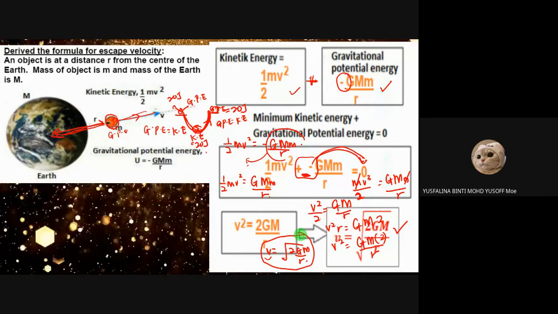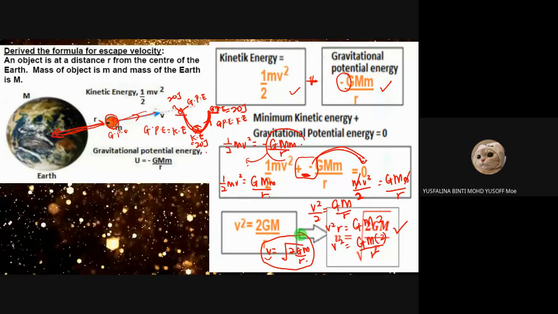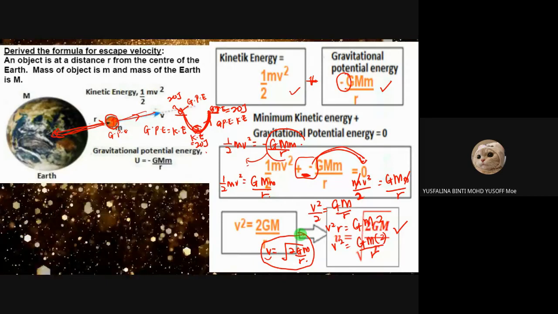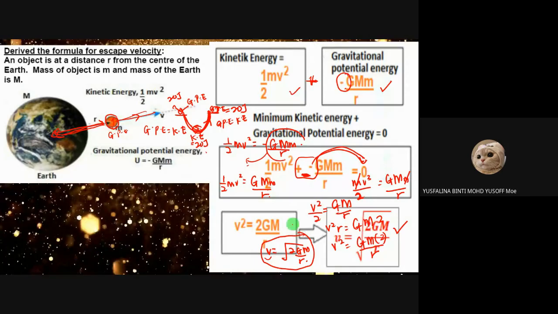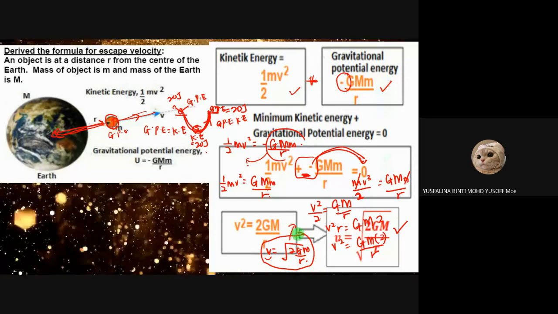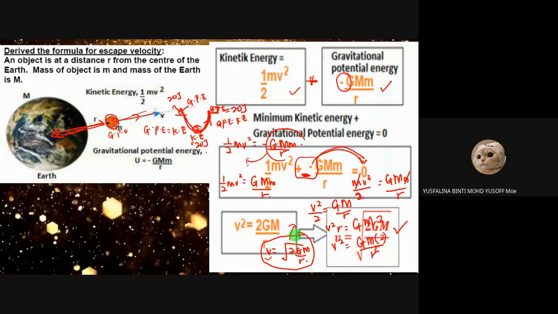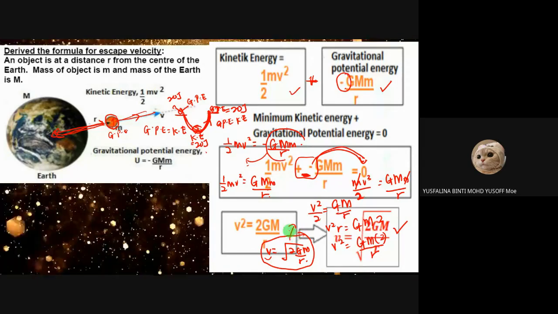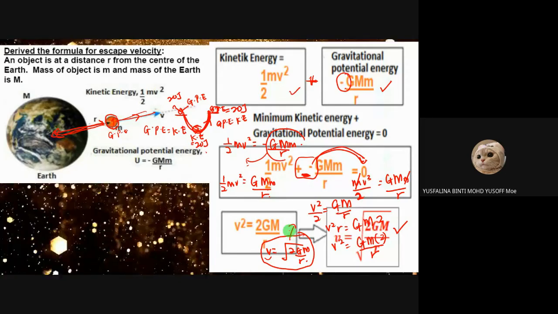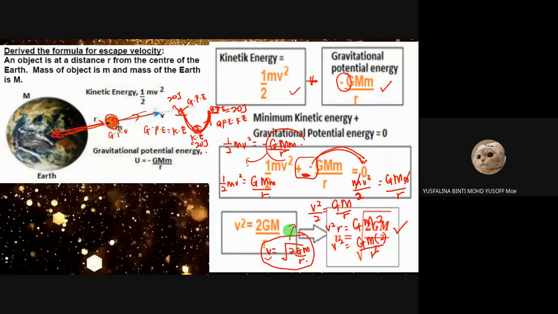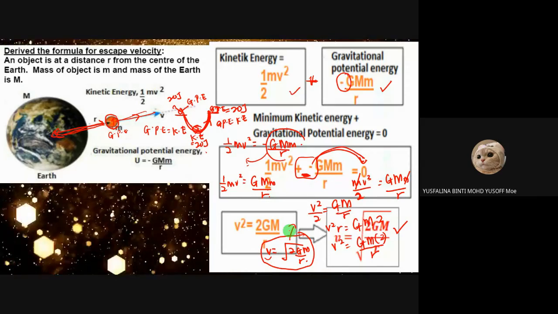But for this one, before we launch the rocket, we need to know first what the escape velocity is. I hope you are not confused with the first one, where the satellite already orbits the earth.